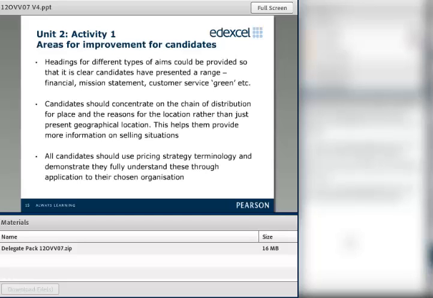We've mentioned already the pricing strategy terminology was well done, and they can really demonstrate they fully understand these by their applications. So make sure that they are showing their full understanding of the terms by using specific examples that are relevant to the organisation that you're talking about.